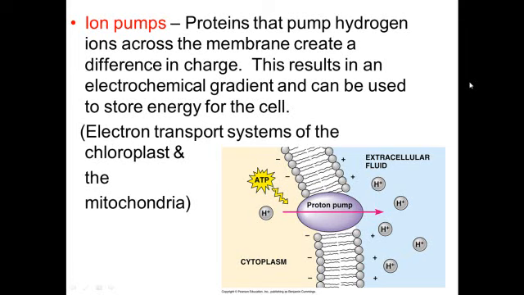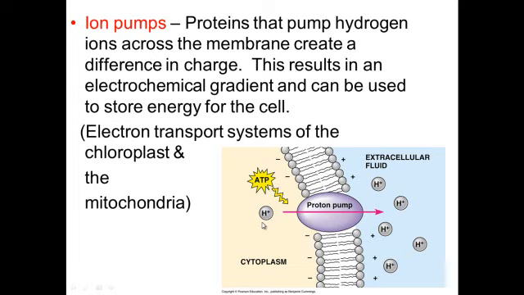Another thing that can happen, which is found in mitochondria and chloroplasts, is called an ion pump. And what these do is, with the ATP help, it pumps hydrogen from a low concentration to a high concentration across the membrane in the mitochondria and the chloroplast into the stroma or the fluid matrix.